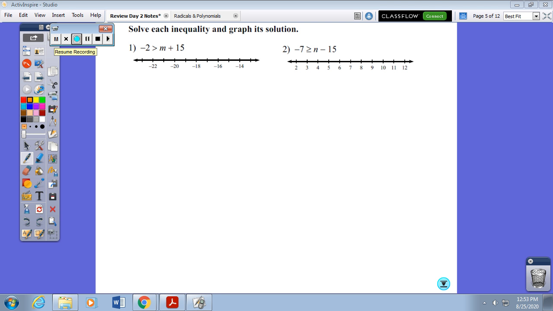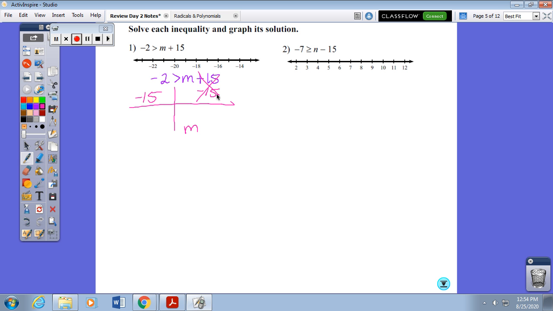Okay, so let's go ahead and solve this problem here. I'm going to go ahead and rewrite it. On my work, I rewrote it right below the line, just like I'm doing here. I was able to fit it in that space provided. I need to solve, so just like solving equations, draw a line. I want the m by itself, so my goal is to get m down here by itself. I'm going to subtract 15 from both sides.